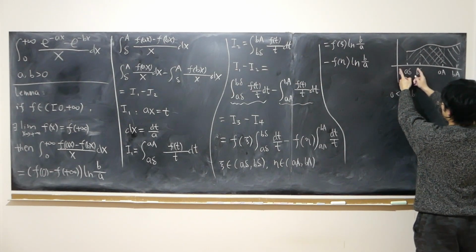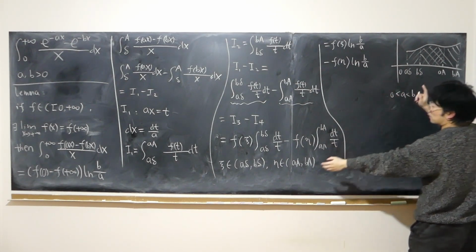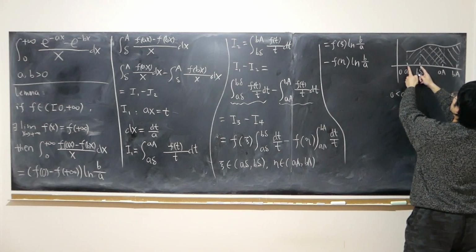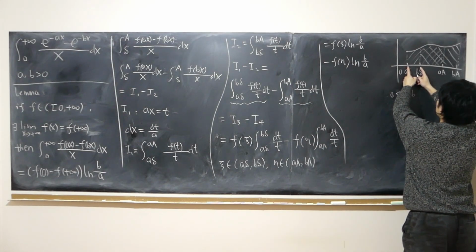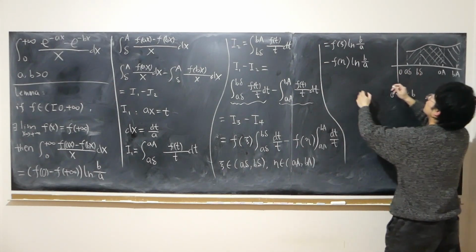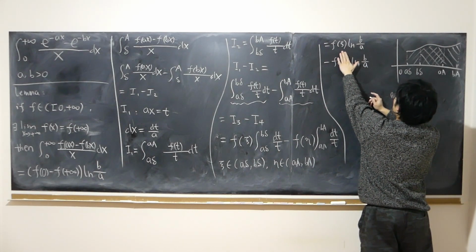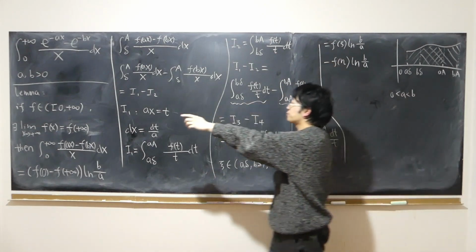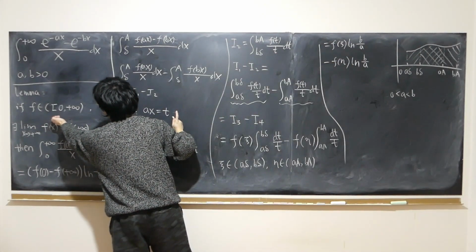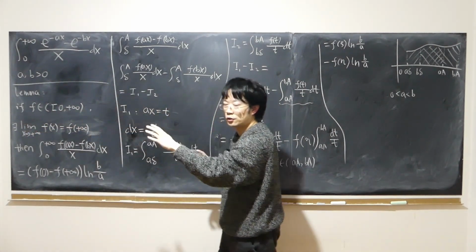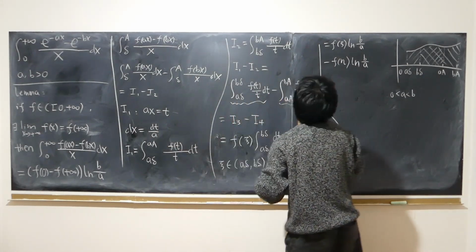Since c is squeezed in between those two, as they approach 0, c will also approach 0. But is there a limit when c approaches 0? Yes, because f is given to be continuous on this interval including 0, so the limit not only exists, but is equal to the functional value at 0.